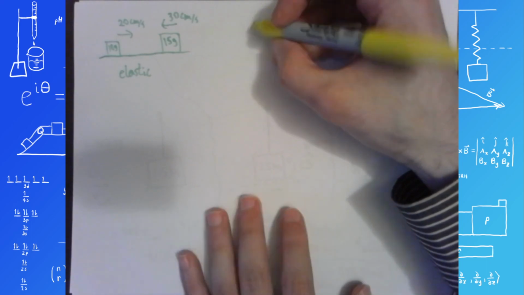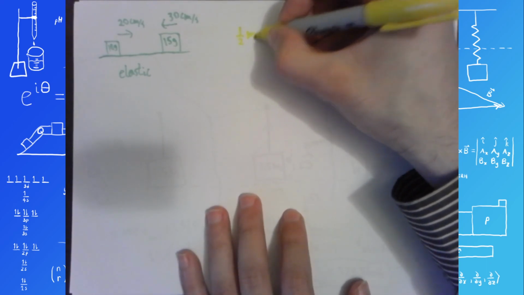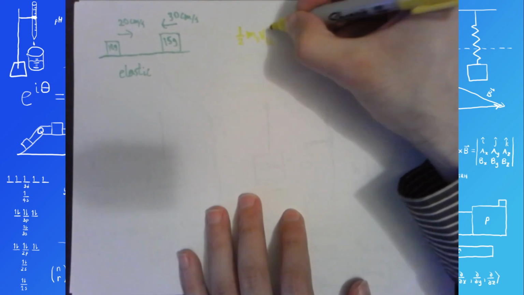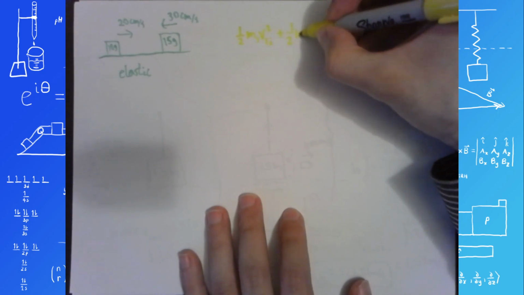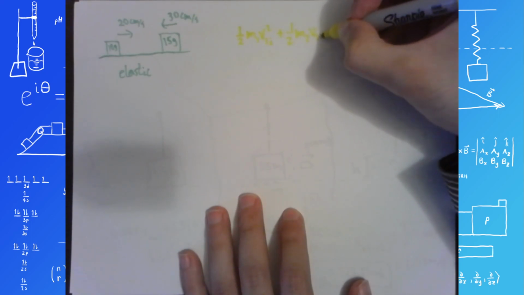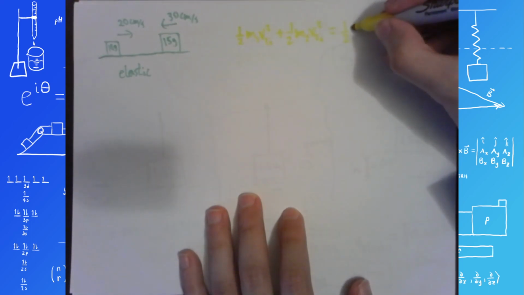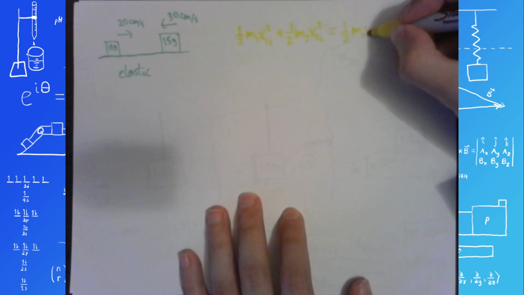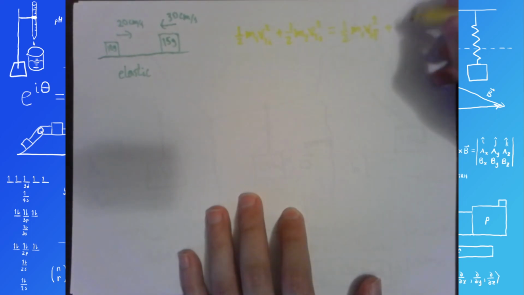Kinetic energy initial equals kinetic energy final. 1/2 m1 v1 initial squared plus 1/2 m2 v2 initial squared equals 1/2 m1 v1 final squared plus 1/2 m2 v2 final squared.